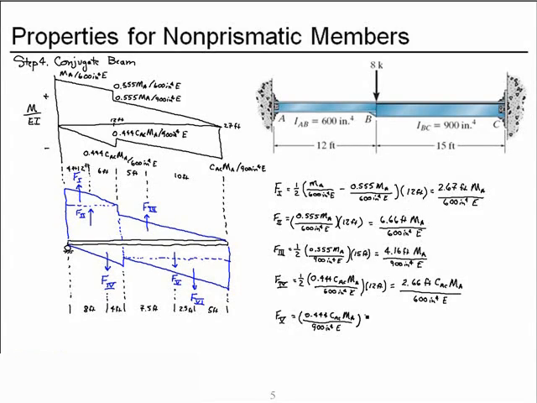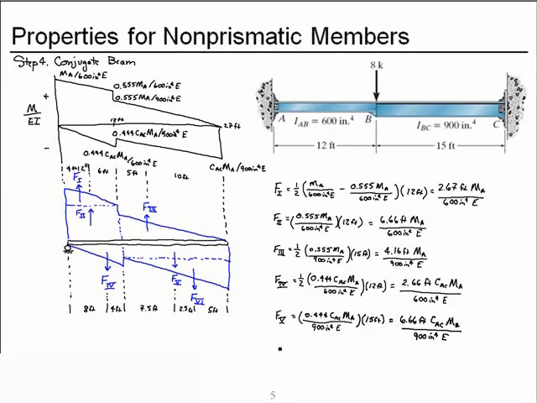And that's times a width of 15 feet. Put those together and we get 6.66 feet carryover factor, the moment at A, divided by 900 inches to the fourth E.